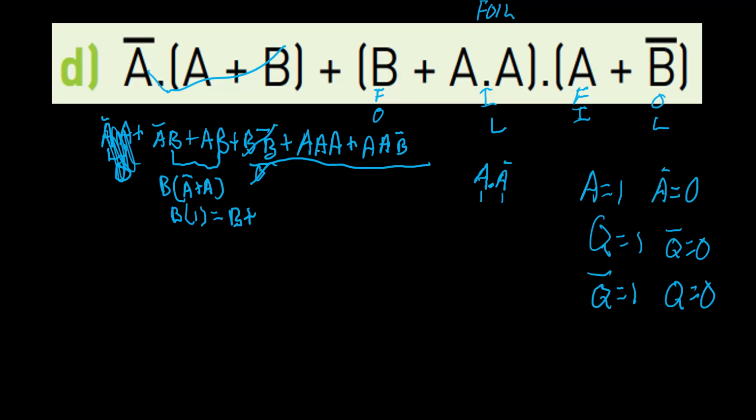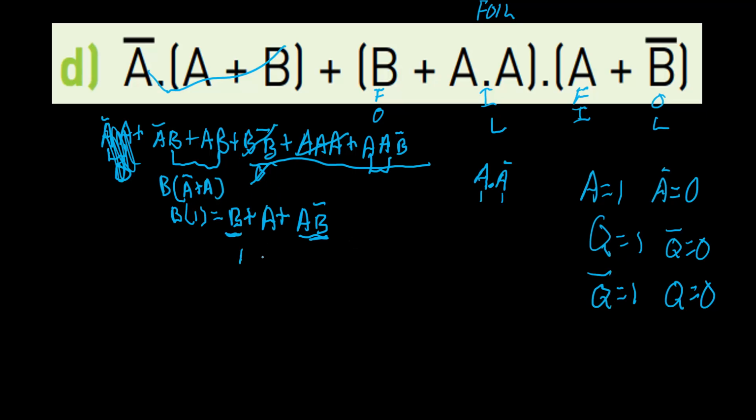Here we have A and A and A. This simplifies to A because you only need one of them. I mean, you can have three inputs, but if they're all equal to one another, you only need one of them. And then we have A, A, not B. Now, when I'm looking at this, I see in this first and this last term, I can apply that complement rule.